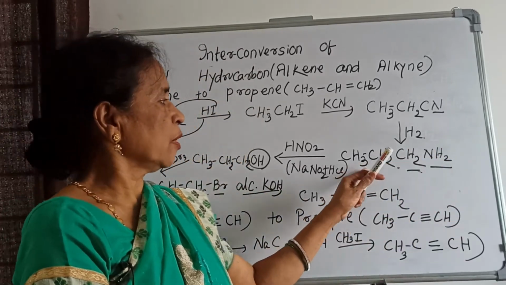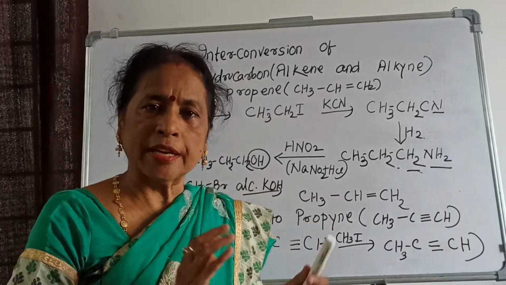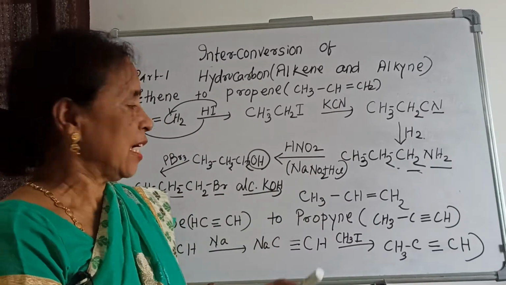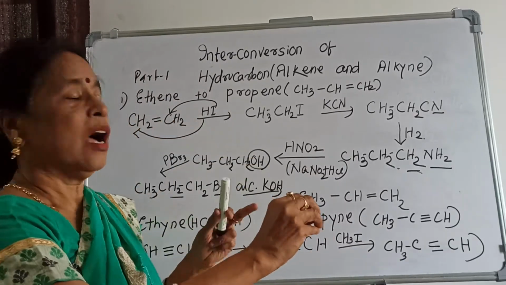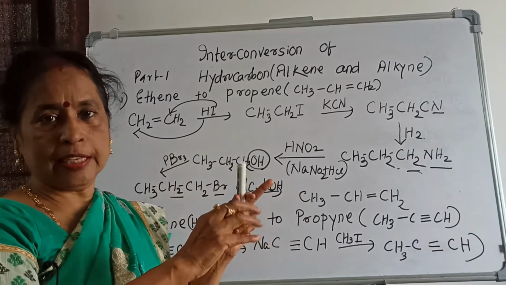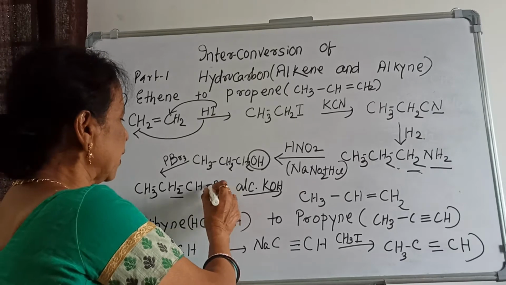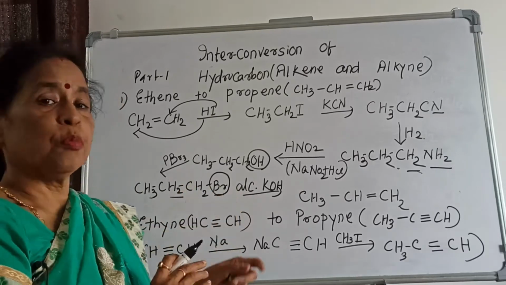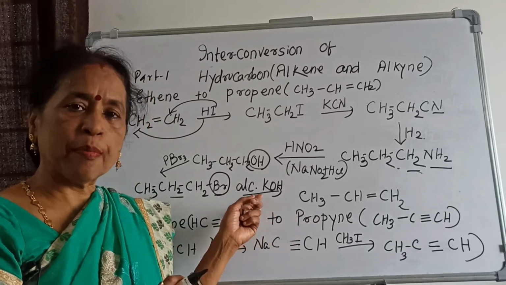How many carbons? 3 carbons, propyl amine. A primary amine when reacted with nitrous acid gives alcohol. Alcohol when treated with PBr3, OH is replaced by bromine, and so bromopropane. You know, this reaction is very very important.